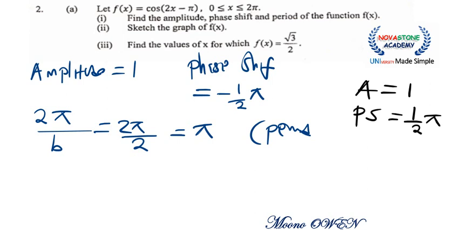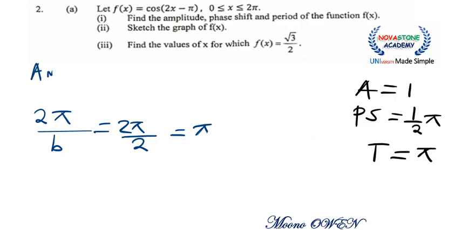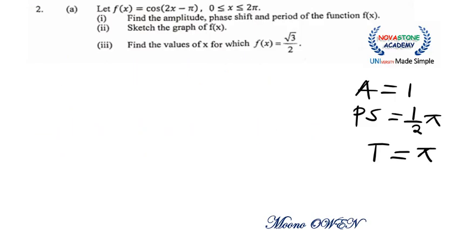Then the period, which is the time, in this case we found that it is pi, 180. Okay, that is what we have. Okay, so the phase shift is, you're just getting how you've shifted the x, you've shifted it negative half pi, or you've shifted half pi to the negative side. So that's why I haven't put the negative. Basically this is what we have.